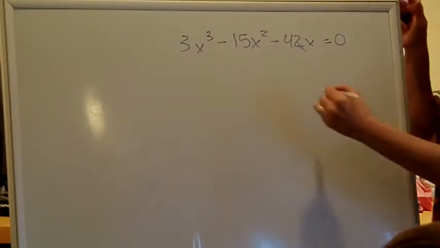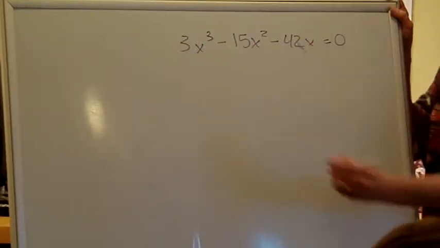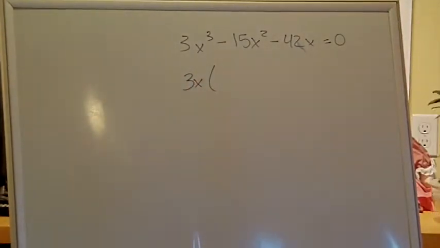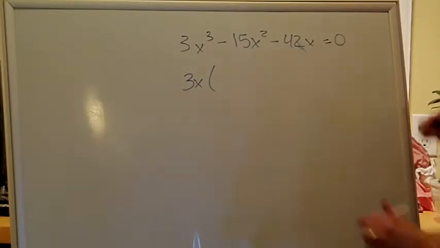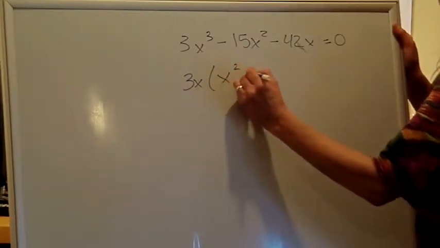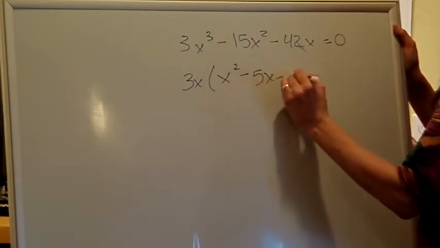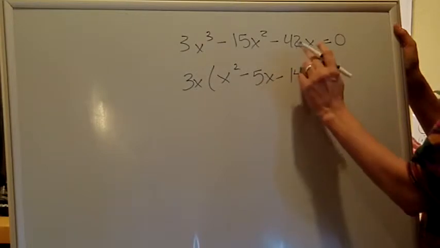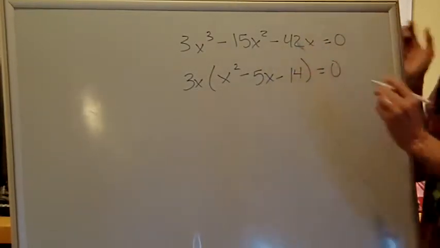I like to factor. Greatest common factor is going to be 3x, so I'll pull a 3x out. That tells you right there you're going to have 0 as one of your answers, because once you factor it, you set each part equal to 0. So it looks like it's either J or K. Let's factor the rest of it. We get x squared minus 5x minus, let's see, 14 maybe? Is that right? Yes.